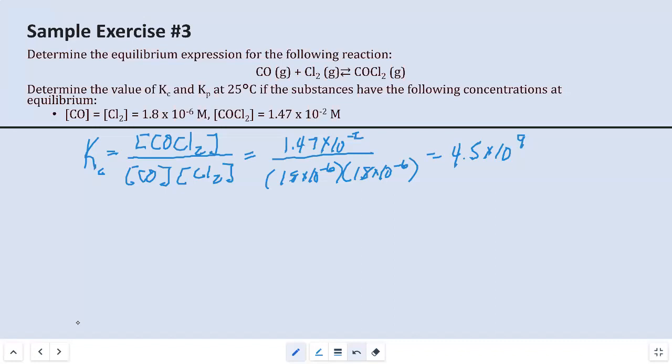Now to convert it to Kp, we've got to use that other expression. Kp is equal to Kc times RT to the delta n. Now the value of Kc we just calculated, 4.5 times 10 to the ninth.